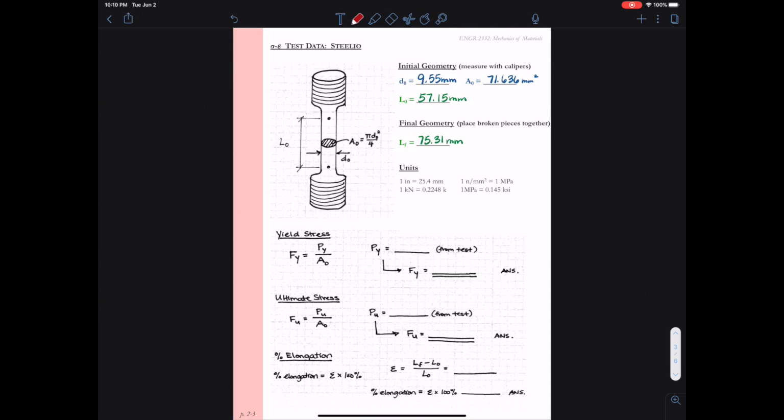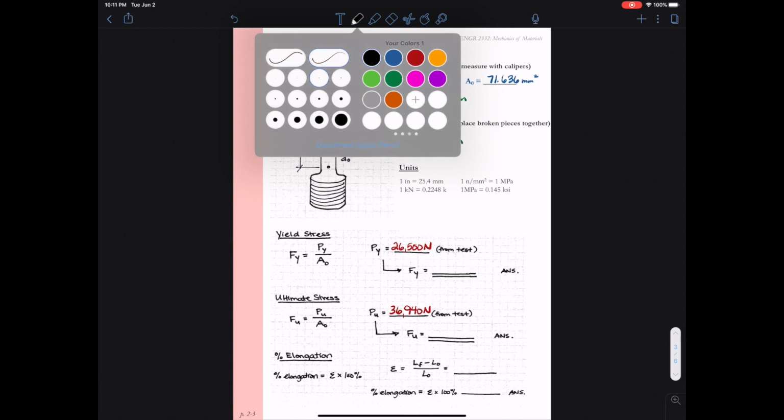We heard from the video that the specimen yielded at 26.5 kilonewtons or 26,500 newtons, and then the ultimate force was 36,940 newtons. Okay, so as I ran the test, we had to kind of approximate this yield force, but the ultimate force was being measured by a device that was just recording the max force measured at any point during the test, so we were able to get more accurate there.